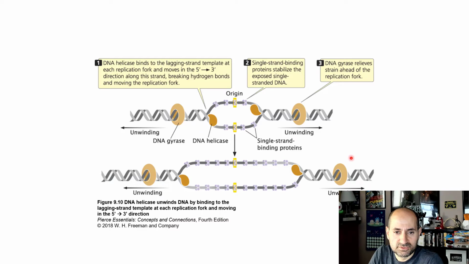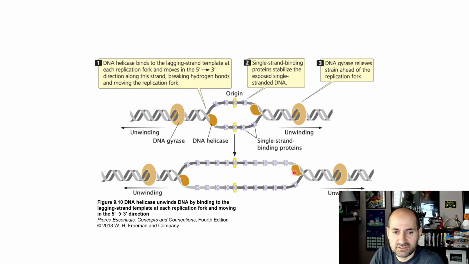Now this would represent gyrase, right? Gyrase, which is a topoisomerase, preventing the overcoiling of DNA. Remember we talked about how DNA has to have a certain number of base pairs per 360-degree turn.